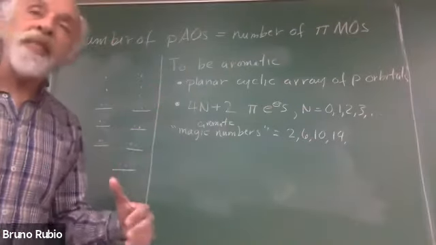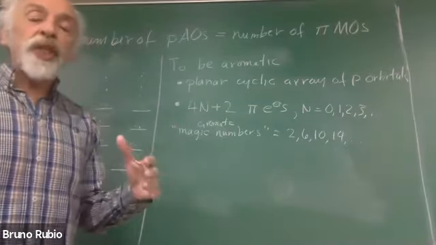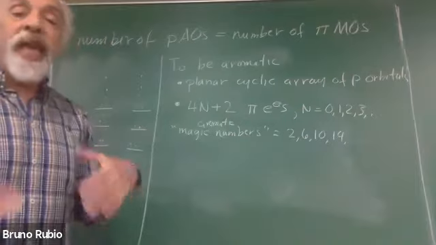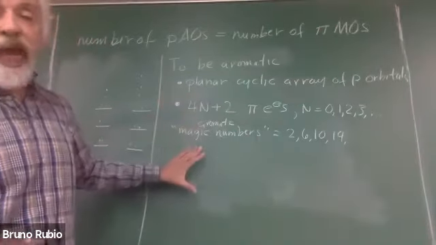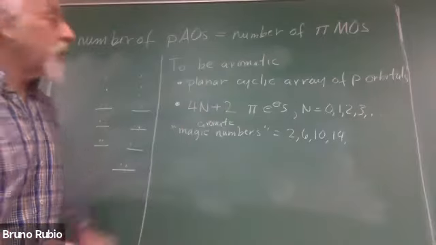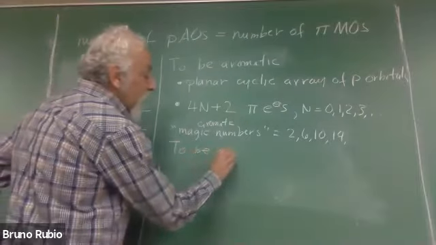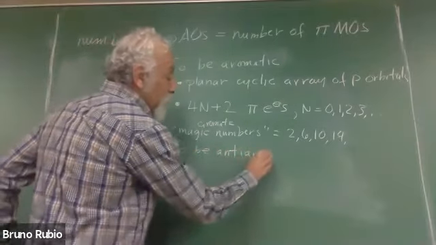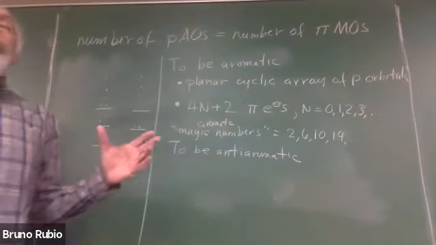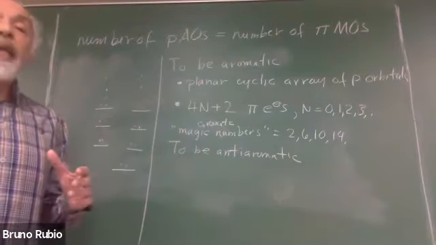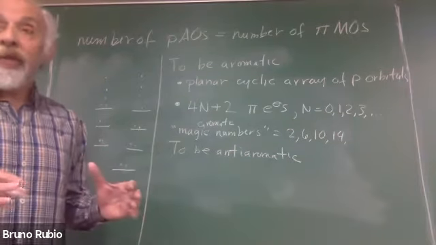And remember, aromaticity is the property of a stabilization over and above, greater than, in addition to resonance stabilization. There is a counter image to this, and that is to be anti-aromatic. What does anti-aromatic mean? Molecules that are anti-aromatic are destabilized to an extraordinary degree, right?